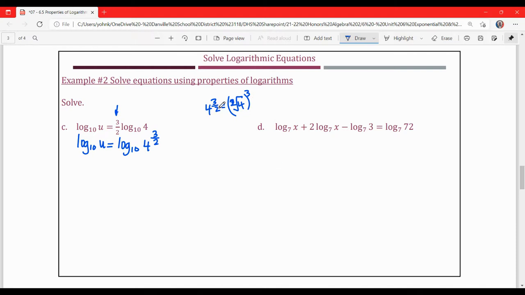You take the bottom number and put it on the outside, you take the top number and put it on the inside. So the square root of 4 is 2, so that's 8. So I can say log base 10 of u equals log base 10 of 8. Since they're both log base 10, I can set u equal to 8.